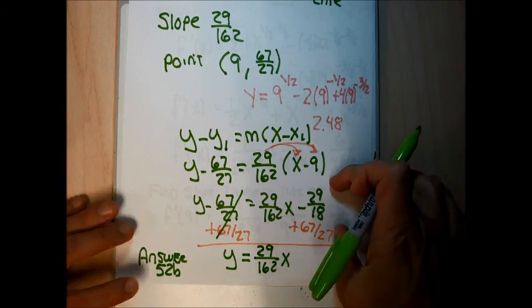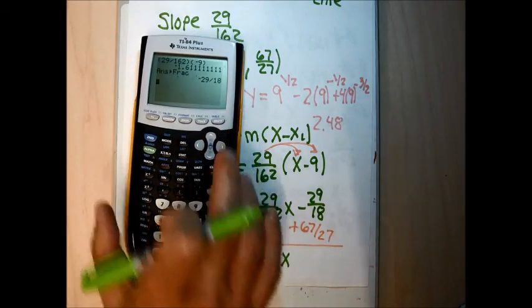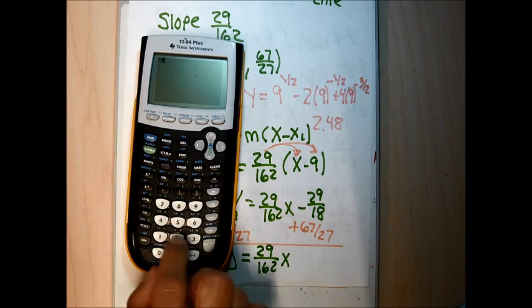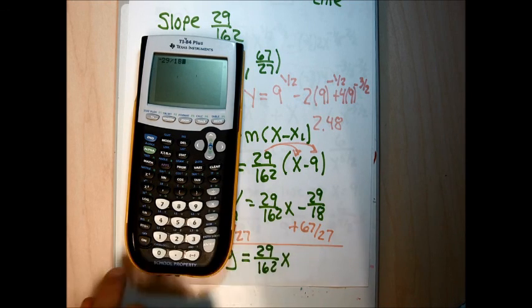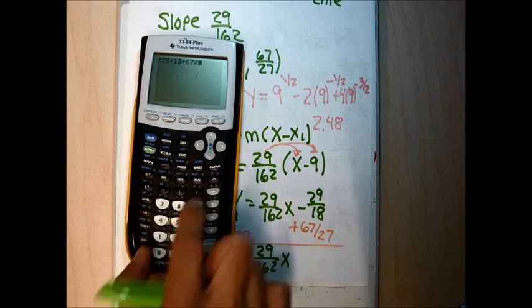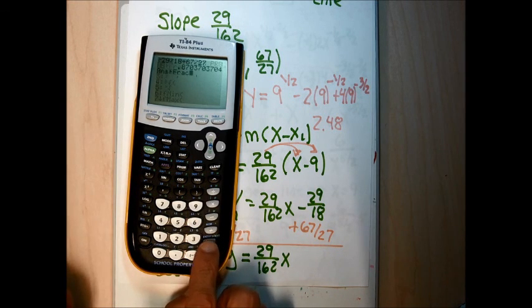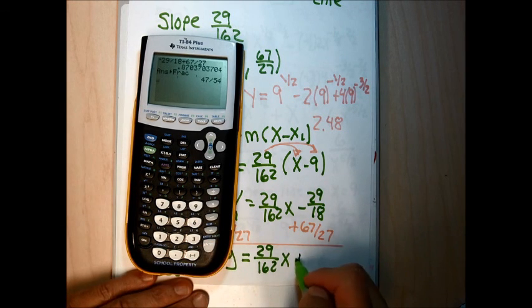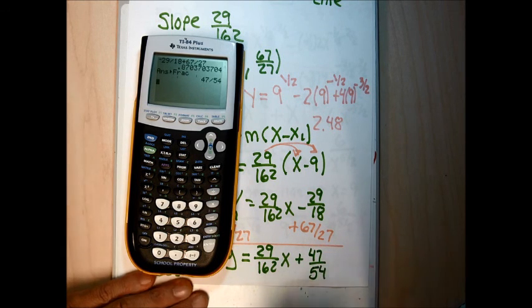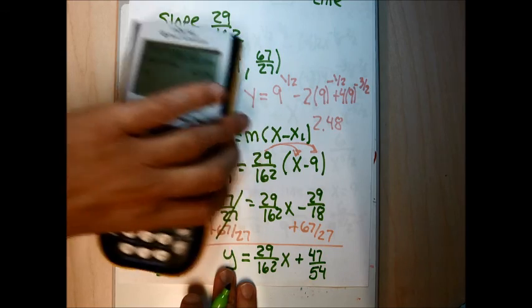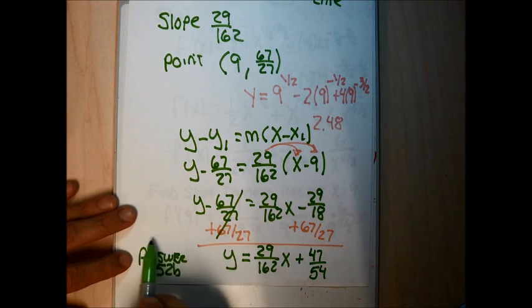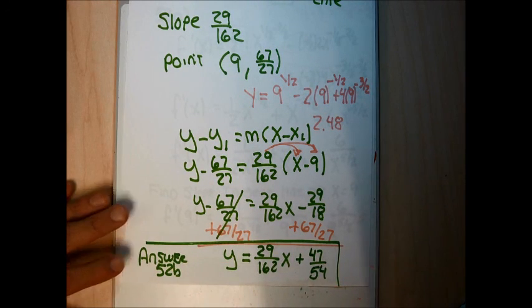And again, I don't care to do this by hand, so I'm going to do this on my calculator. I'm going to go negative 29 divided by 18 plus 67 divided by 27. Gives me an ugly decimal. I hit math and enter twice. Gives me the denominator of 54 that I would have had to find by hand if I wasn't using my calculator, and I get 47 over 54. So this would be the answer to 52b.